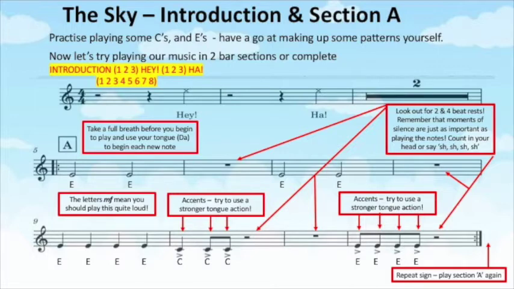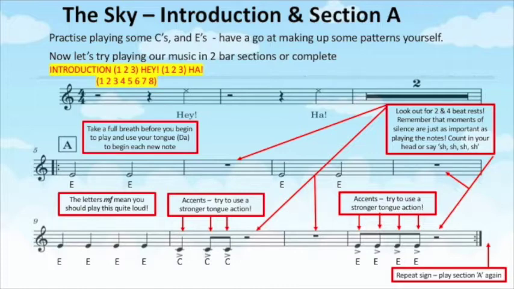This will go 1, 2, 3, 1, 2, 3, 1, 2, 3, 4, 1, 2, 3, 4. So the big figure 2 with the thick horizontal line at the end of the first line represents 8 beats or 2 bars.